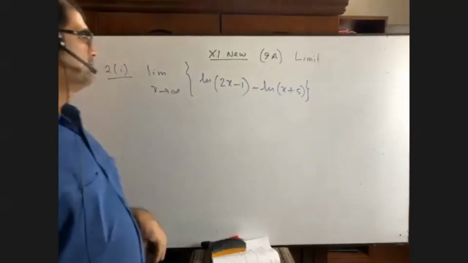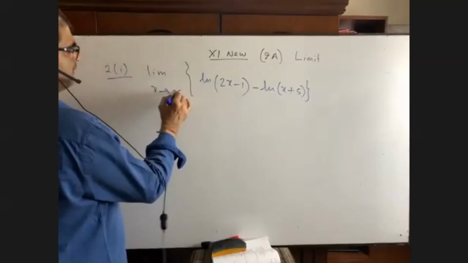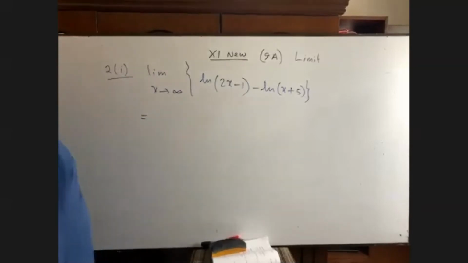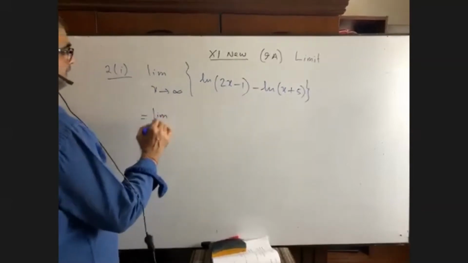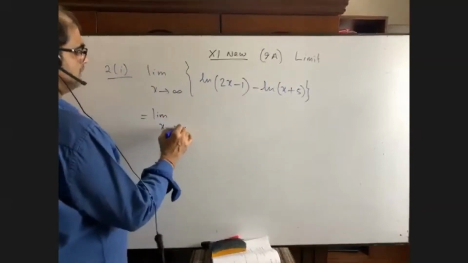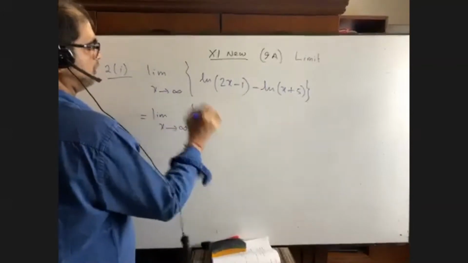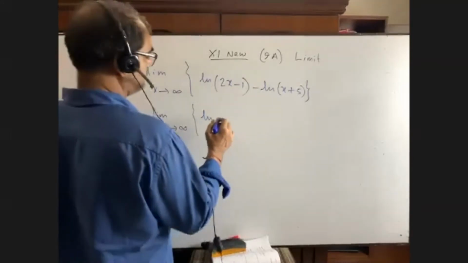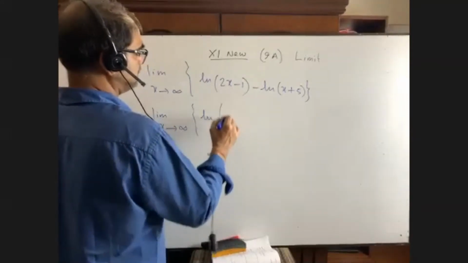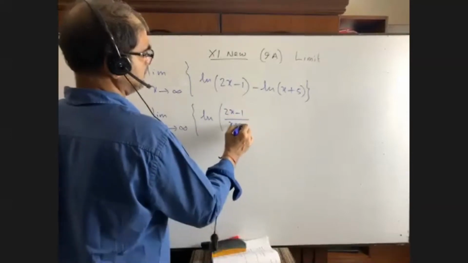Now you see, can you do it? Do it now. Limit x tends to infinity. What can you write here? ln. What is the formula? The formula is 2x minus 1 by x plus 5.